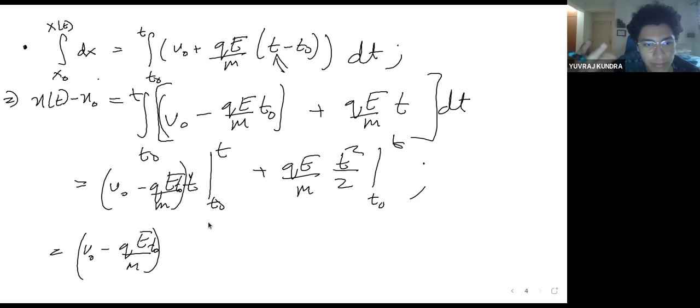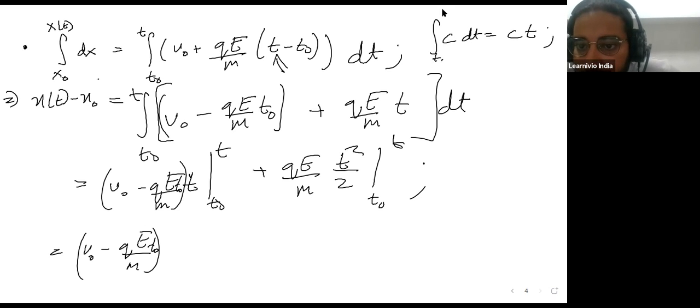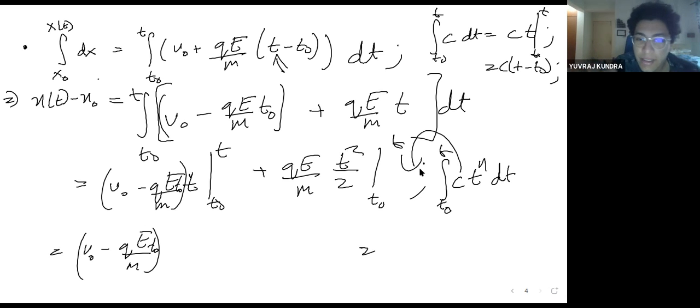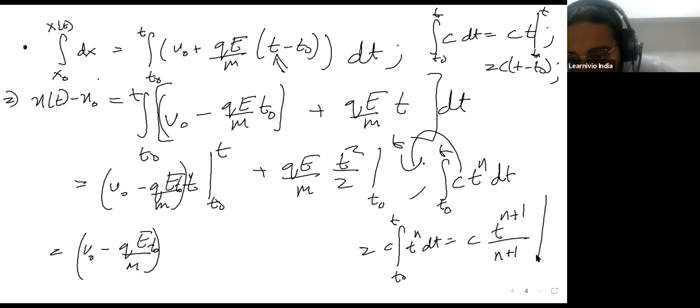The integral of a constant dt is just c times t, and if the limit is from t naught to t, it is just c times (t minus t naught). And for a general thing, if you have c times t to the power n from t naught to t, since c is just a constant, you can take the constant out. So this is c times the integral of t to the n dt, which is just t to the n plus 1 over n plus 1 from t naught to t.